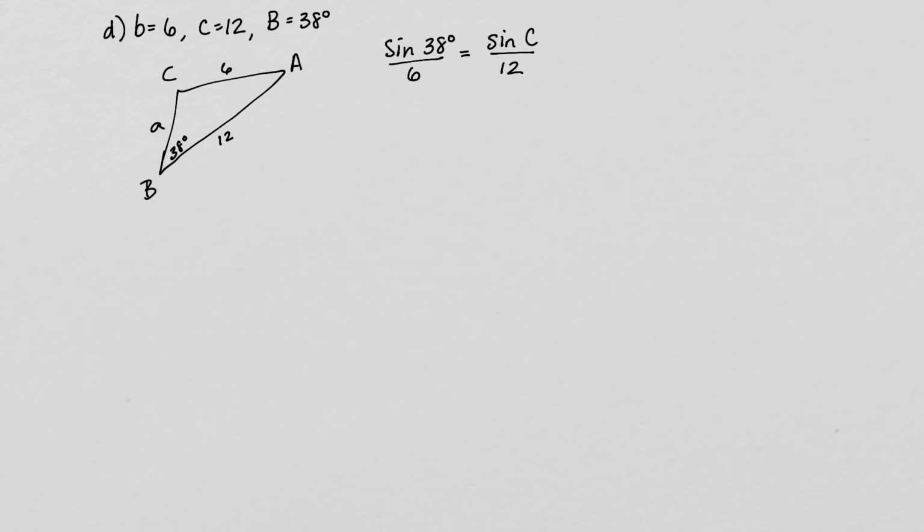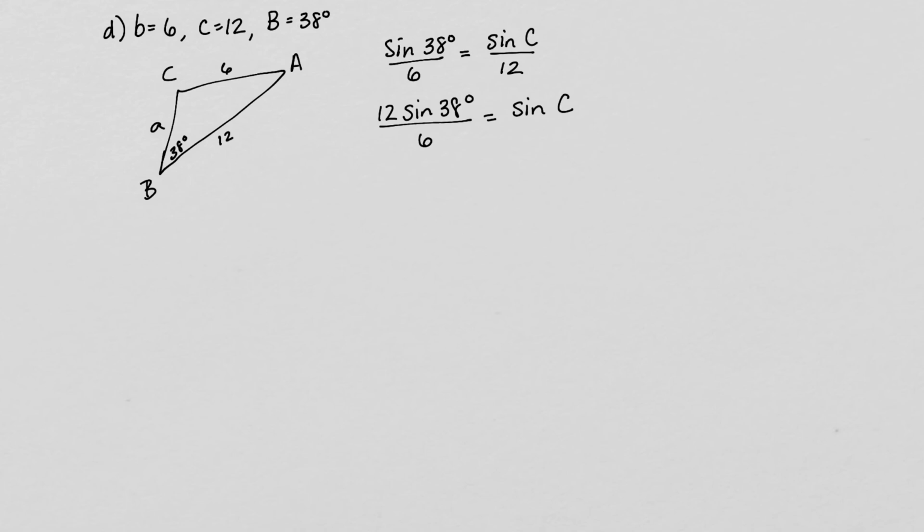So just like before, in the last 2 we found B first. This time it's C. I'm going to multiply the 12 up. So 12 sine 38 degrees over 6 equals the sine of C. And then we take the inverse sine, right?